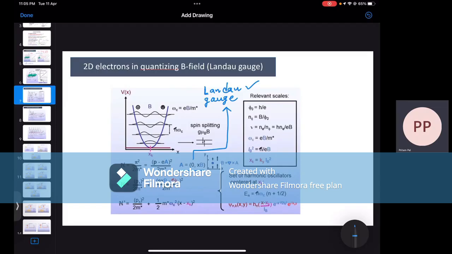It's just a choice to simplify the problem. The curl of this vector potential is my magnetic field. This is what it looks like.